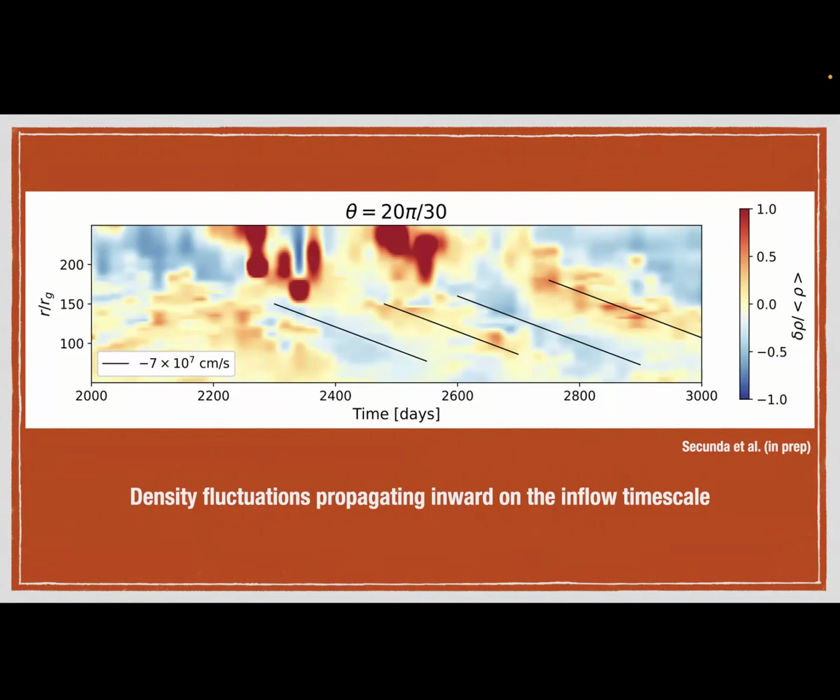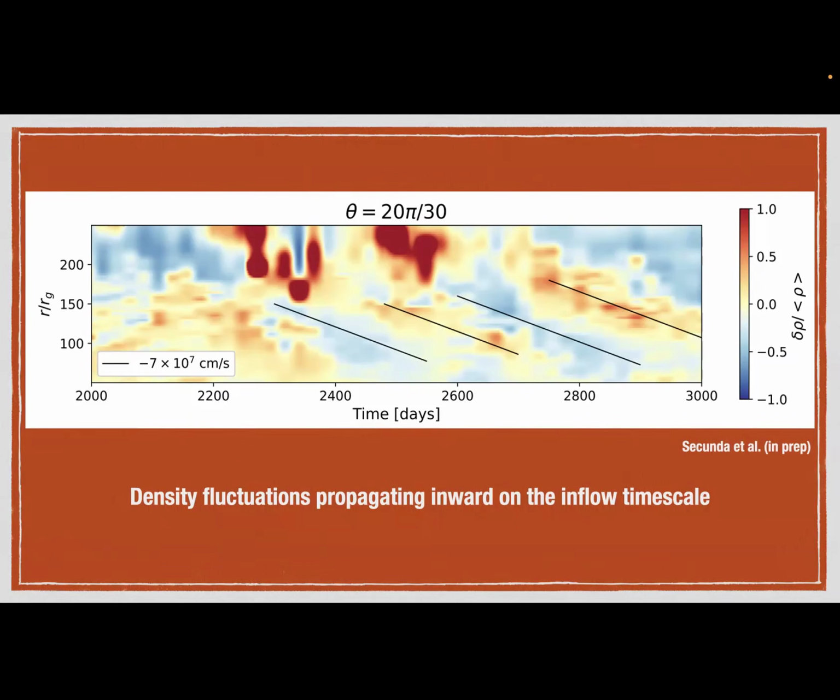What I'm showing here is a slice of my disk at a specific polar angle, or height below the disk. If you look at the density fluctuations, that's what the color is showing, as a function of radius and time, you can see these repeating patterns that are being propagated inwards at this inflow speed that we fit with that solid line.